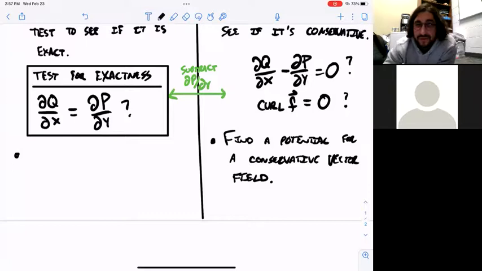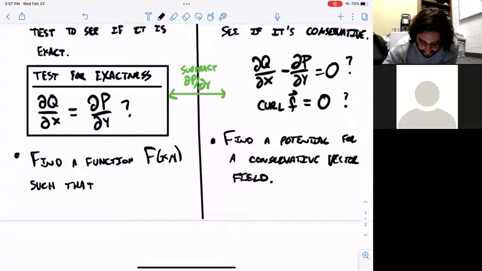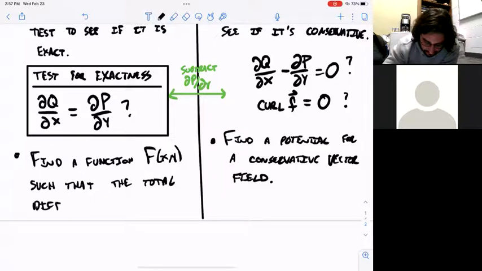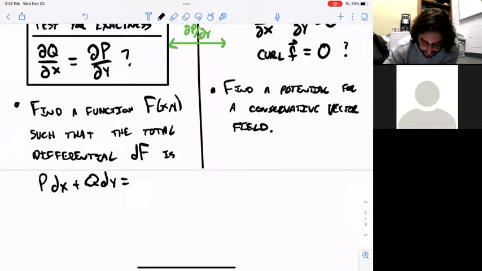And I'm going to stop one step short of fully saying solve the DE, but I'm just going to say find a function f of x,y such that the total differential of f, df, is the left-hand side of our differential equation, P dx + Q dy equals, well, let's just leave it there.